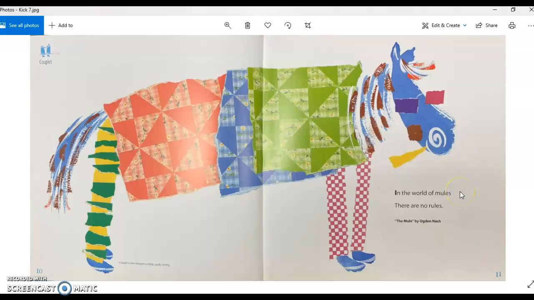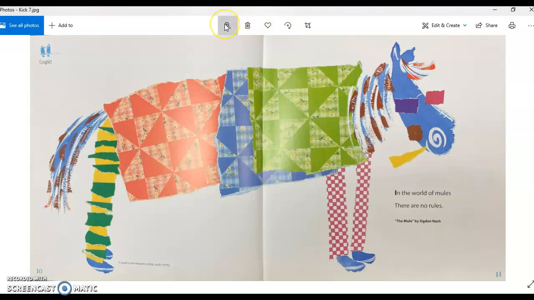That's how you refer to the rhyming pattern in any poem, with letters. A is the first line, and any line that rhymes with that first line would also be labeled as A. The next line that doesn't rhyme with the first line is B. There are no B's in this one. It's AA. That's it. And the poem title is The Mule by Ogden Nash.